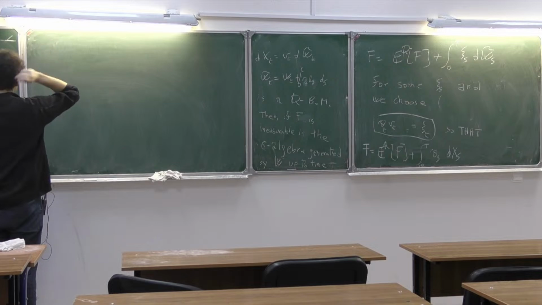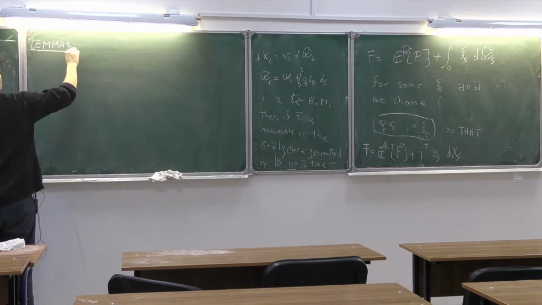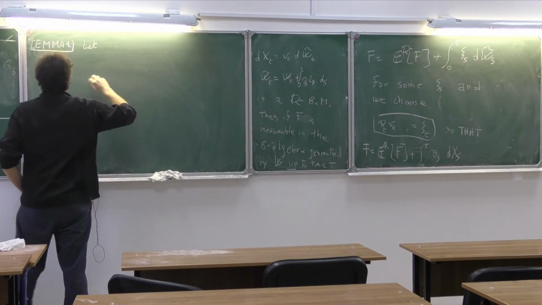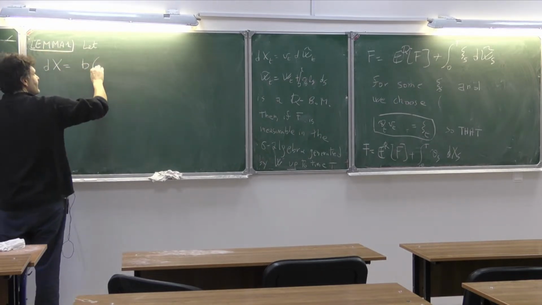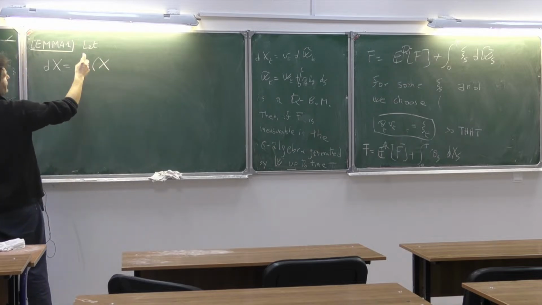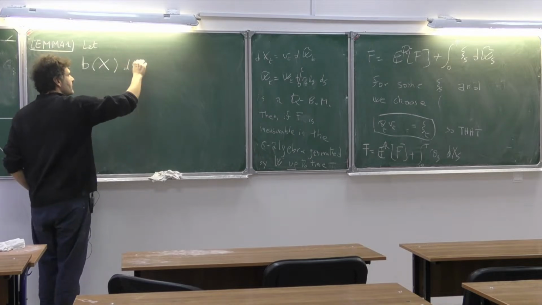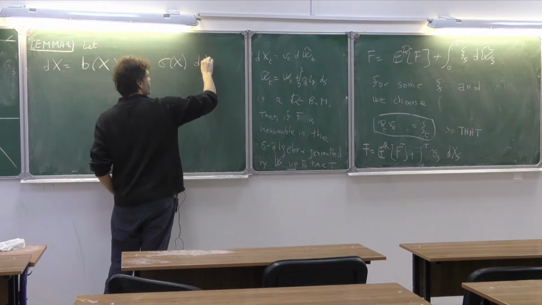Let's call it lemma 1. Let dX equal to some function of X dt plus some matrix that depends on X dW_t. It's a vector if you want.